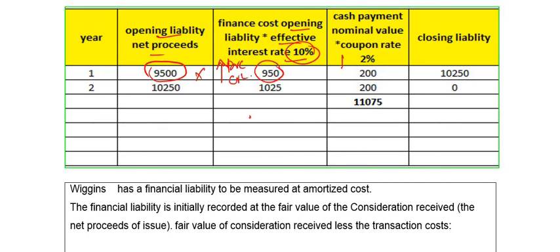Now the coupon rate is the actual payment which you have made, so this will be 200, because we have to use the nominal value of 10,000, and that will be 2%, so you will get 200. And after adding 9500 with 950, then after deducting this 200 you will get this amount.